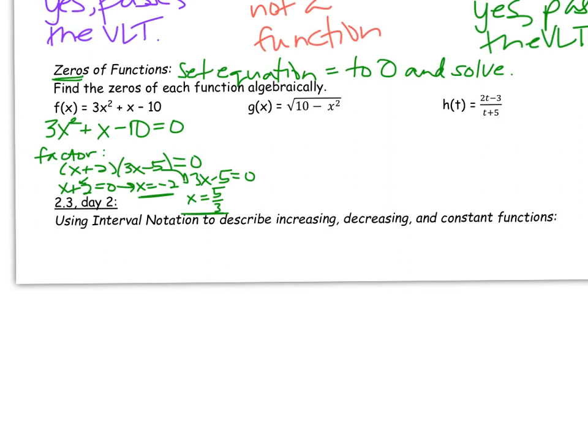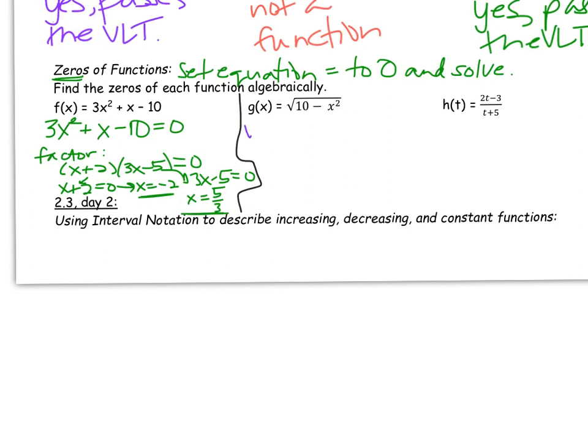But now these following equations are a little bit unique. They're not exactly like functions we've seen before, or that we've worked with extensively in this class. G of x looks like a square root function, but it has an x squared in it. So let's see what we can do to find where this might possibly cross the x-axis.